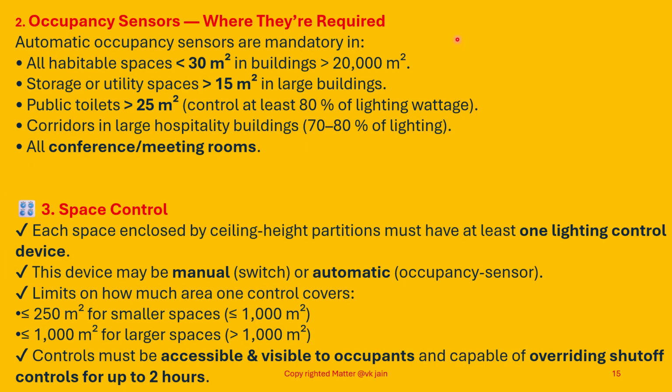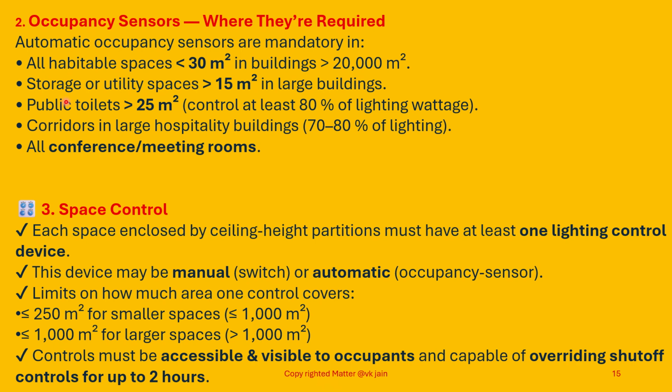Friends, occupancy sensors are required and are mandatory in all habitable spaces more than 30 square meter in buildings having total constructed area of 20,000 square meter. Storage or utility spaces more than 15 square meter in large buildings.